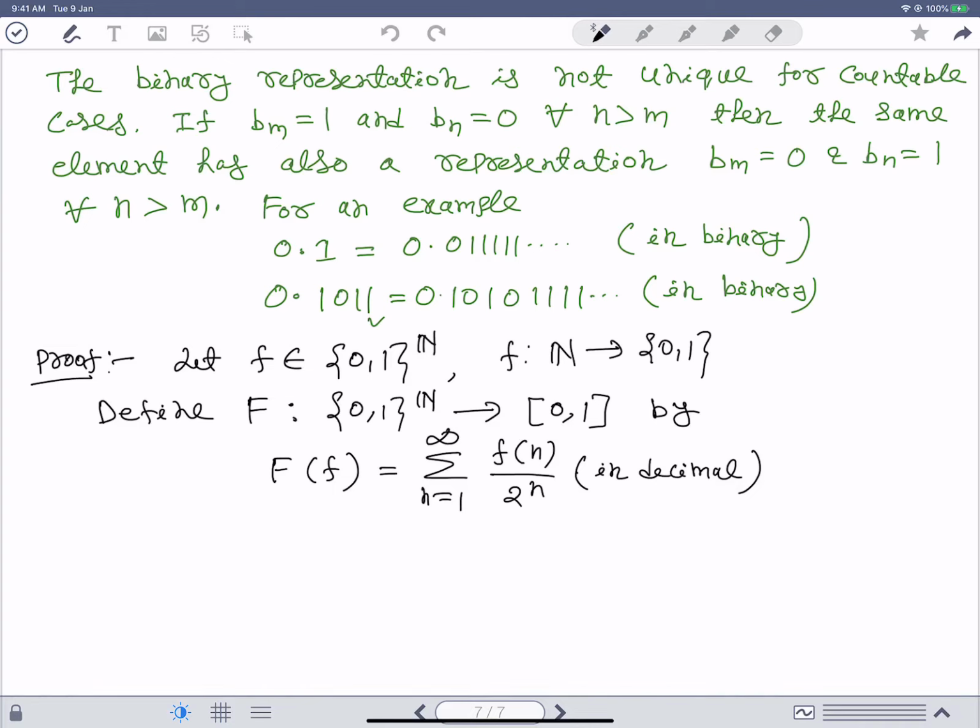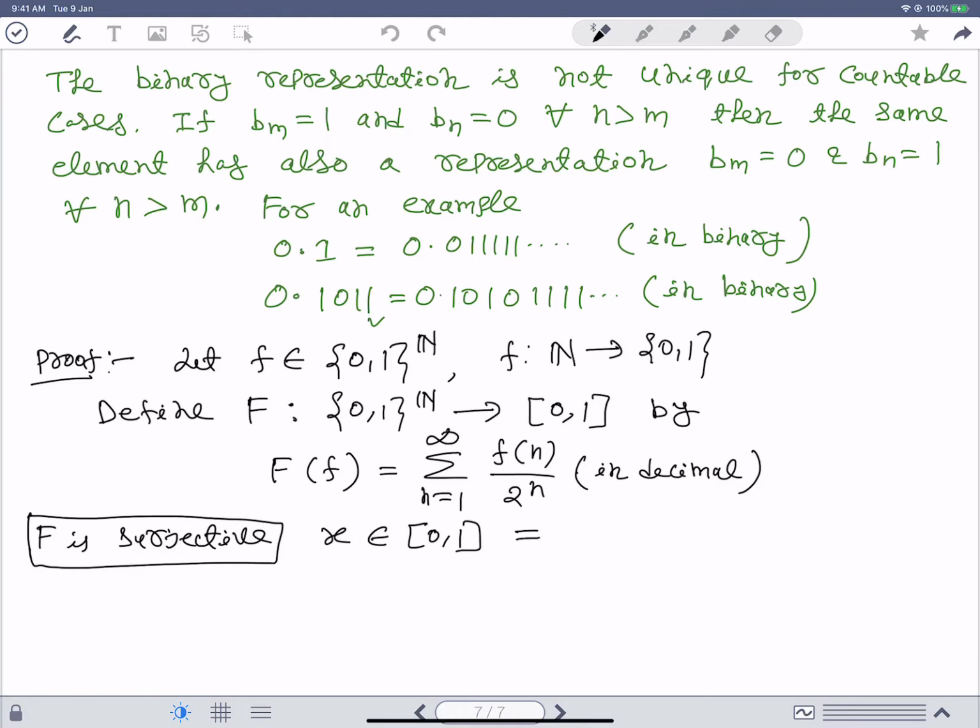Now by the construction, F is surjective. Why is F surjective? First of all, we assume a number x from the closed interval [0, 1].